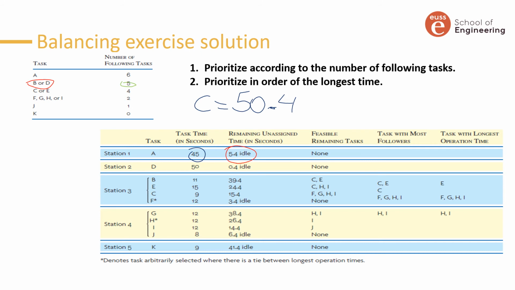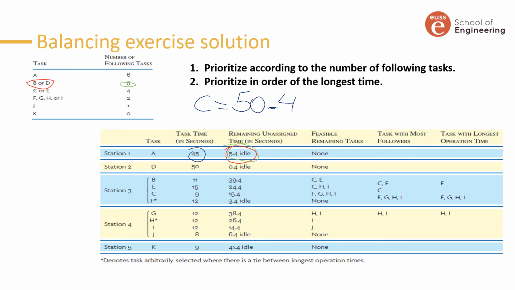But can I fit this one in this workstation? Because as we talked before, it remains for us only 5.4. But for sure, we can't fit a task of 50 seconds on this one. The task D, no. And the rest of the tasks, guys, is not possible to assign.